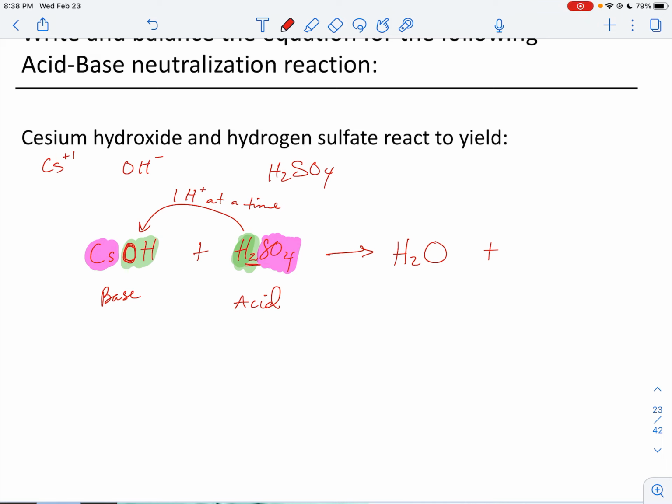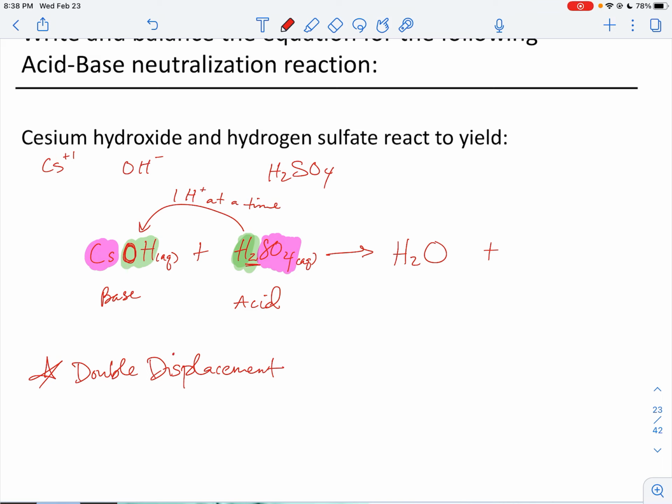And so we have 2 aqueous ionic compounds, and this is double displacement, okay, where the cations and the anions ultimately switch. And that might also help you write these products out if you remember the rules for double displacement from class.